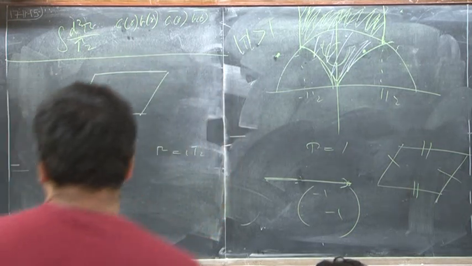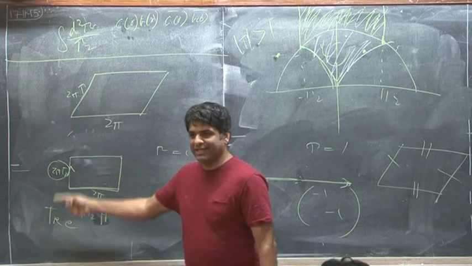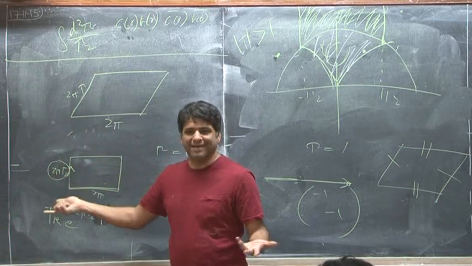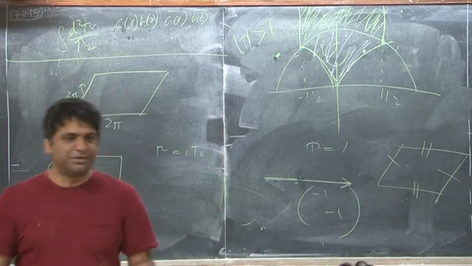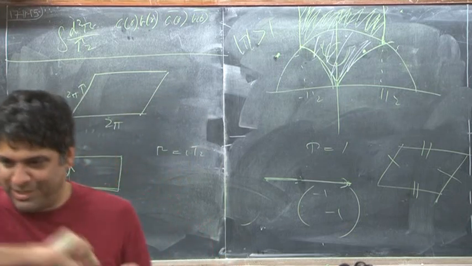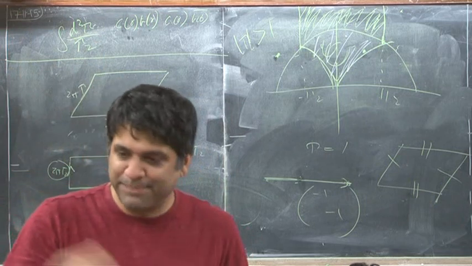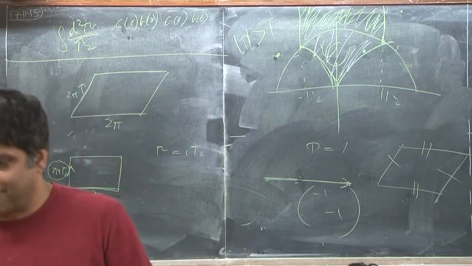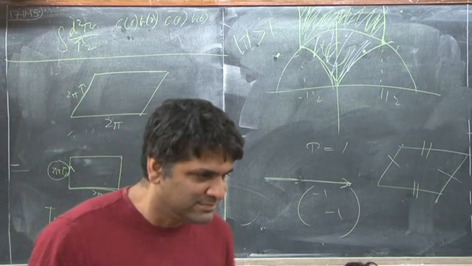This is simply the familiar identification of periodicity in the Euclidean time circle with beta, which comes from the fact that e to the power iHt is given by a Lorentzian path integral of length t in the time circle, and e to the power minus beta H by a Euclidean path integral of length beta.